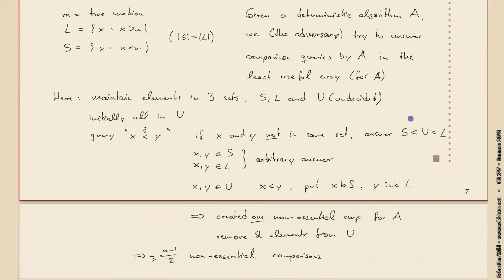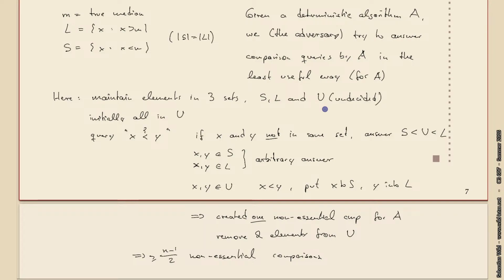Here we immediately put x and y from the unknown sets, 1 up, 1 down, and we harvest 1 comparison. The generalized forms of that keep some order within U, unless that compares only a few elements.